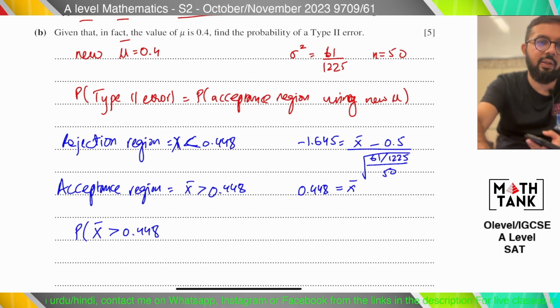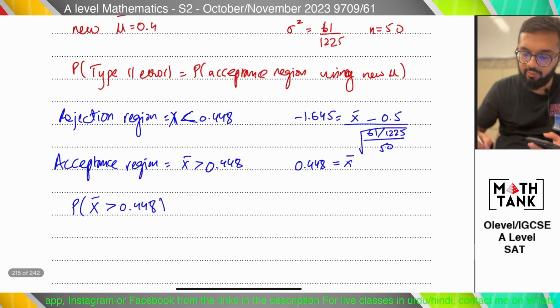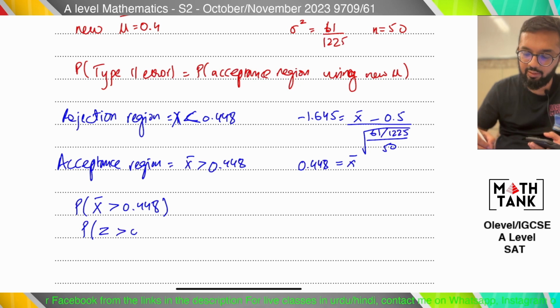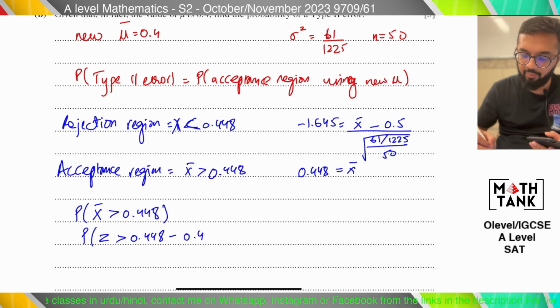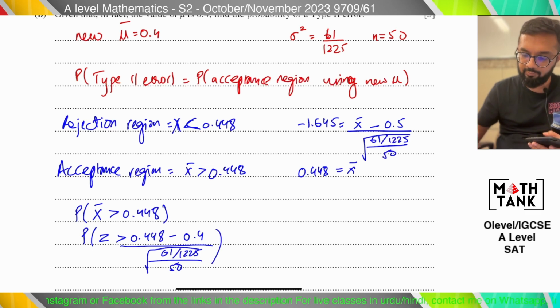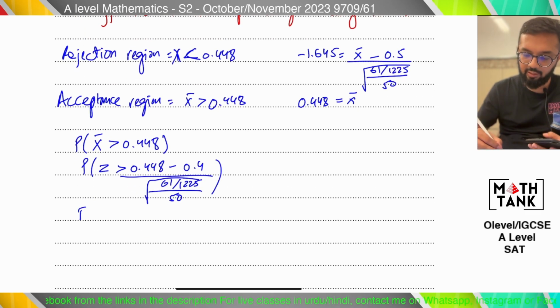Okay, just to verify that I'm doing this correctly. 0.448, yeah. So the probability of z greater than 0.448 minus the new mu. What's the new mu? 0.4, divided by the square root of 61 over 1225 over 50. Let's see if we get that correct.